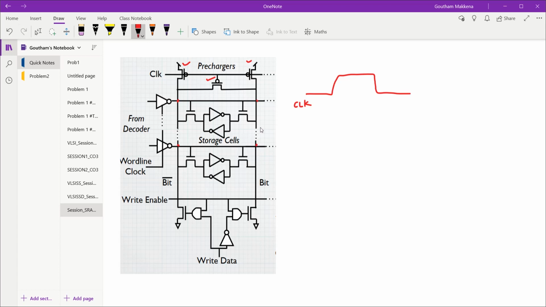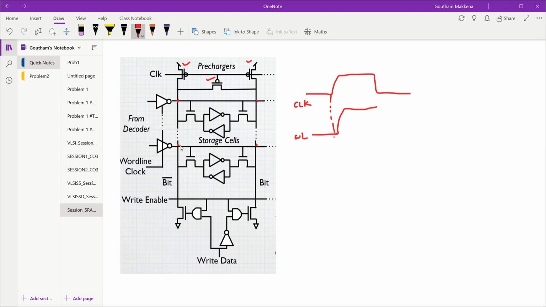Very good. Now what happens once a CPU wants to write a value to a particular SRAM cell is the CPU immediately selects the particular storage cell that it wants to write by making the word line signal 1 immediately after clock becomes 1. As soon as the clock becomes 1, the word line also becomes 1.